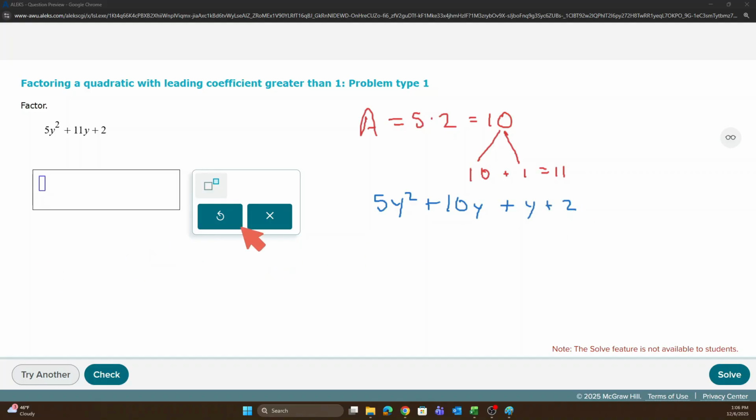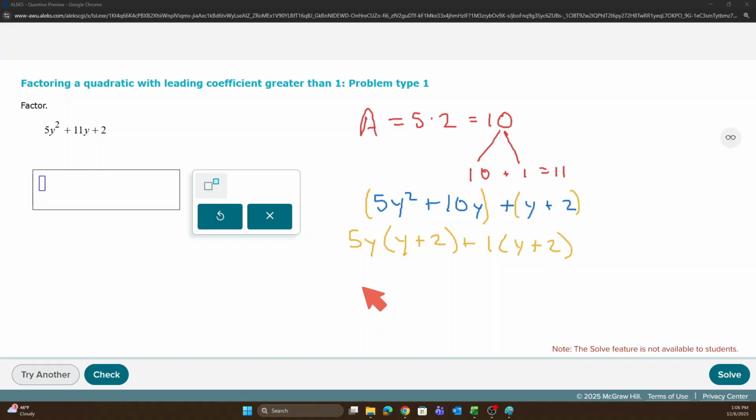Then we want to group these. I'm going to group it like this. And when you do that, we're going to factor out a greatest common factor out of each of these. For 5y squared plus 10y, that's going to be 5y. So we get 5y, and we're left with a y plus 2 plus 1 times y plus 2.